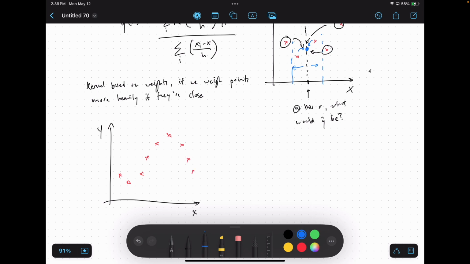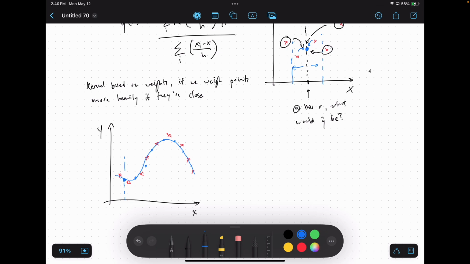Okay, so if my bandwidth is small, and I were to predict at this point here, that might be in between these two points, right? And if I were to then draw a line, I might be able to fit everything because it's looking right at points right in between.